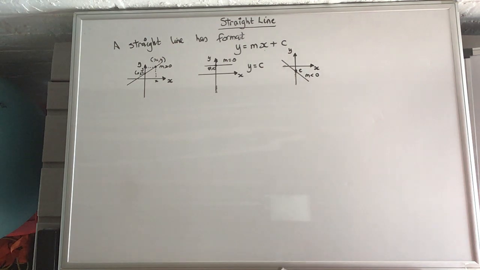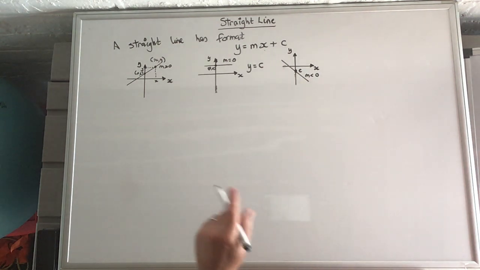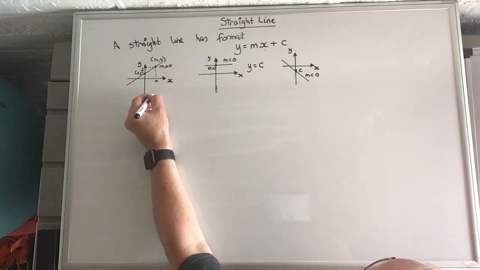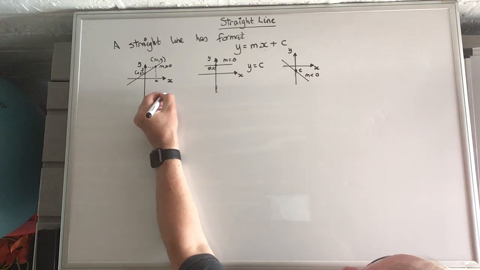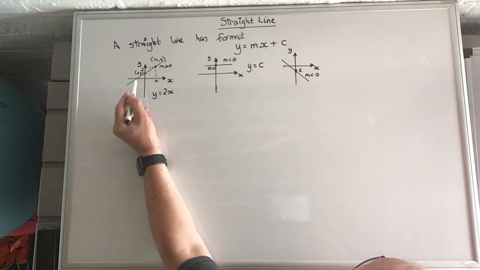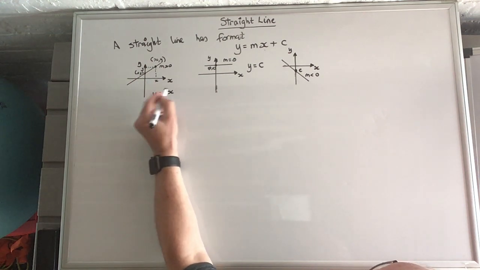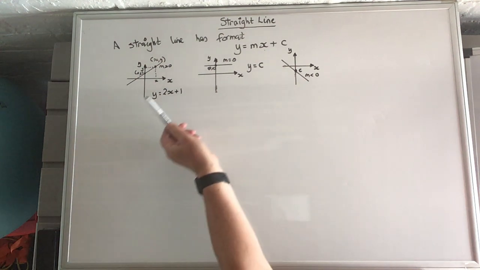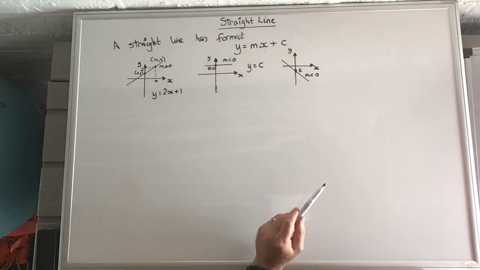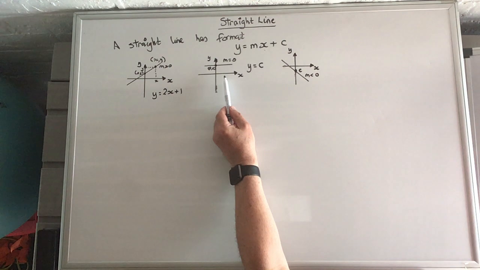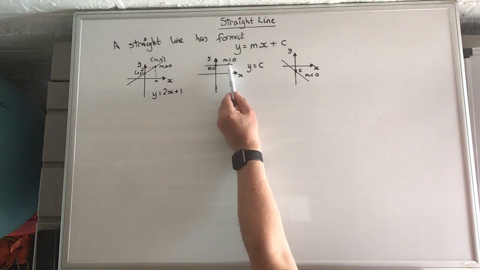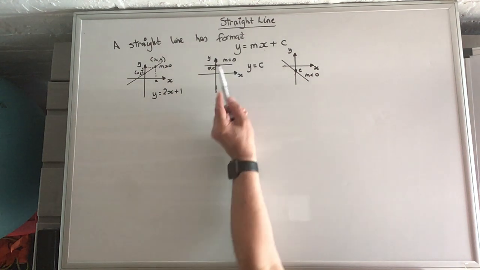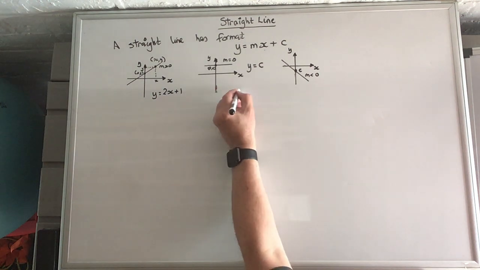So let's write down some equations these could be. The first could be something like y equals 2x plus 1, a positive gradient, say 2x, and it looks like it crosses at about 1. For the horizontal one, where we know the gradient is 0, a possible equation would be, let's make c equal to 2, y equals 2.